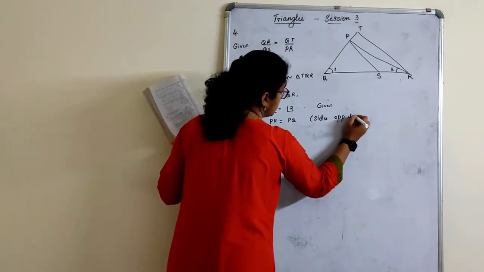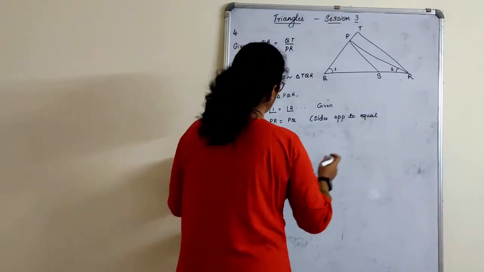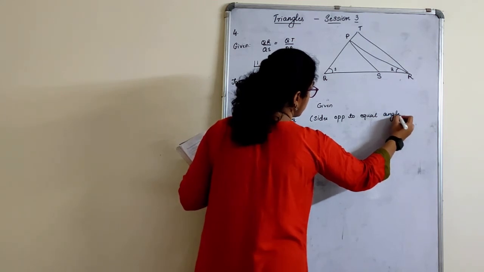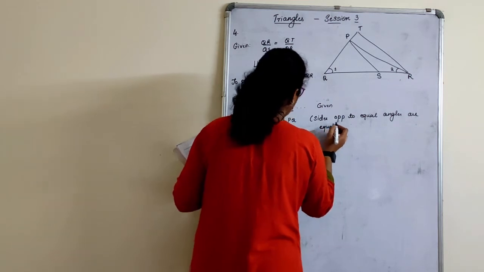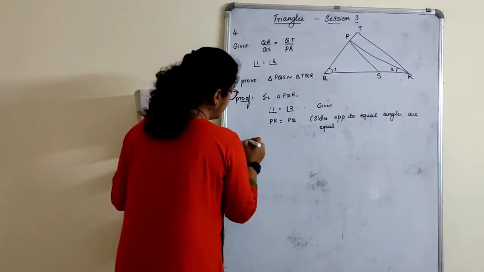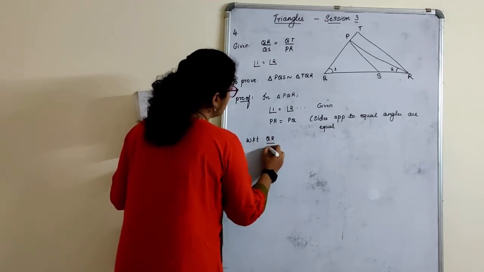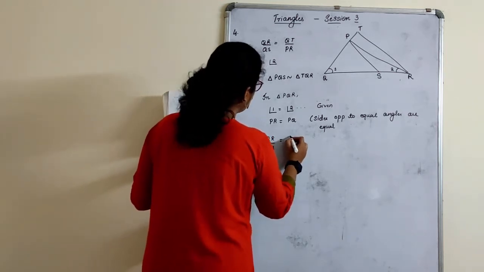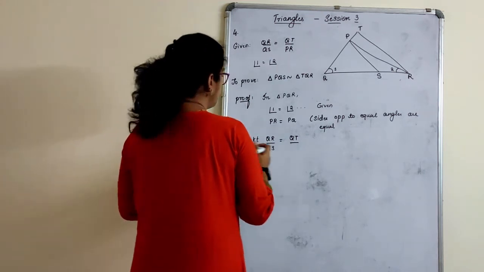Sides opposite to equal angles are equal. Keep this as it is. Taking from the given, we know that QR upon QS is equal to QT upon PR.